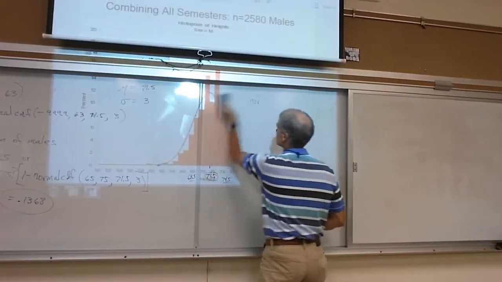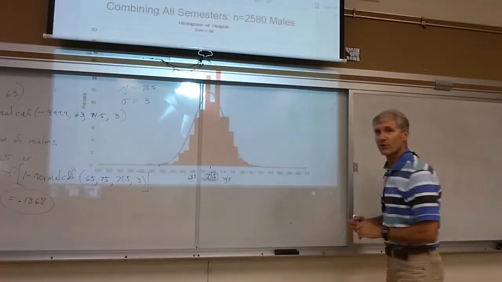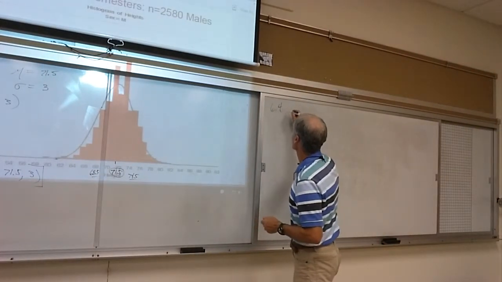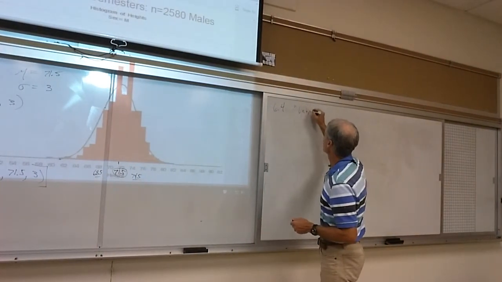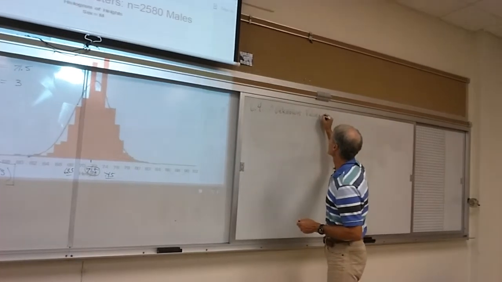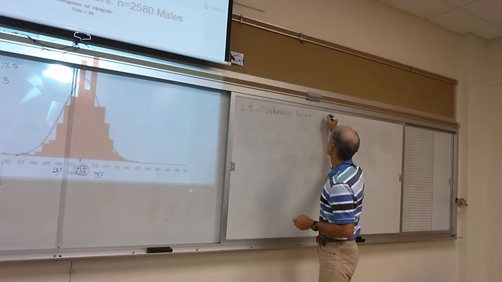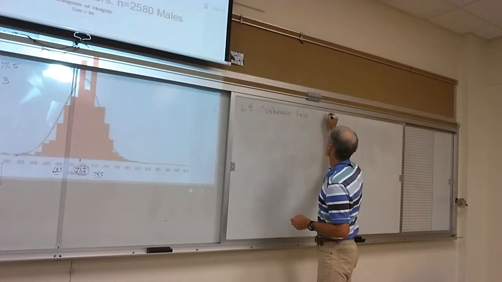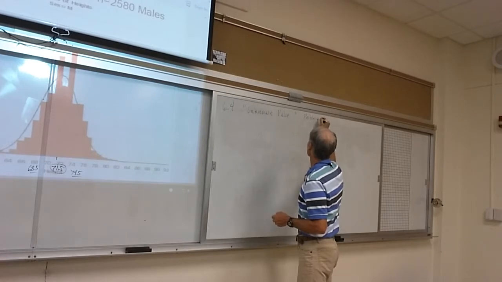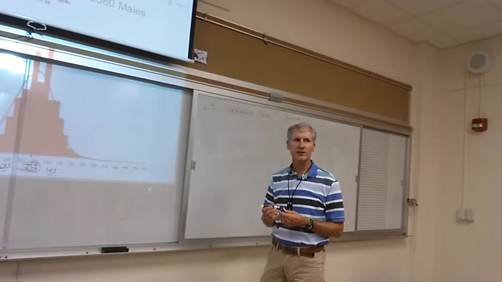So this is 6.4 now, which is what I refer to as unknown values problems. What we've been working so far are unknown probabilities.